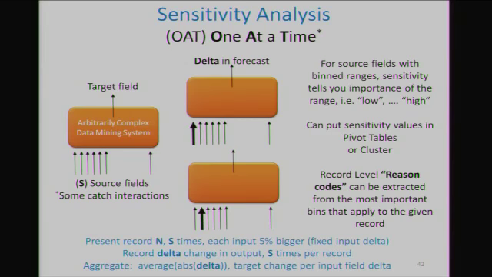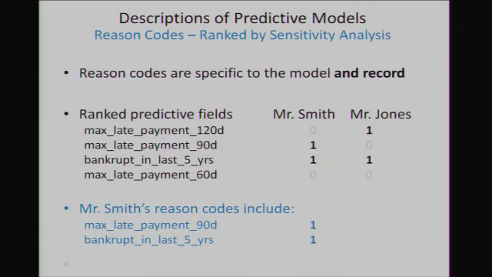First you do the sensitivity analysis, and then after that you can rank all the fields by what's the most sensitive, most predictive, next most sensitive, next most, going down. Now, if you have your fields binned, then it's easier to convert them to reason codes.